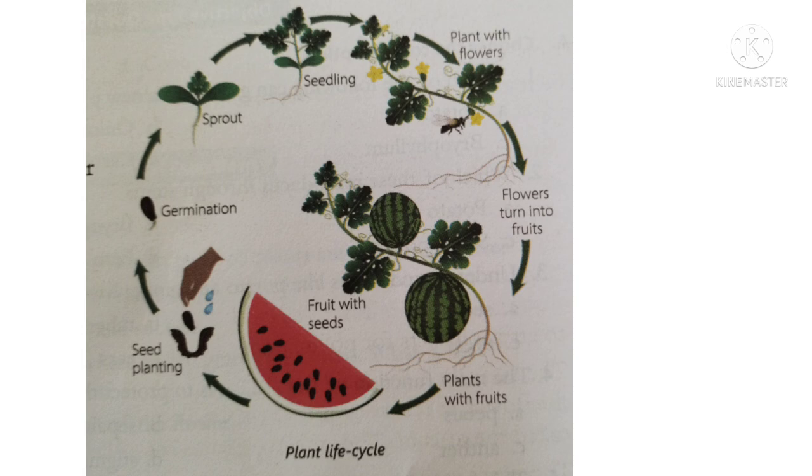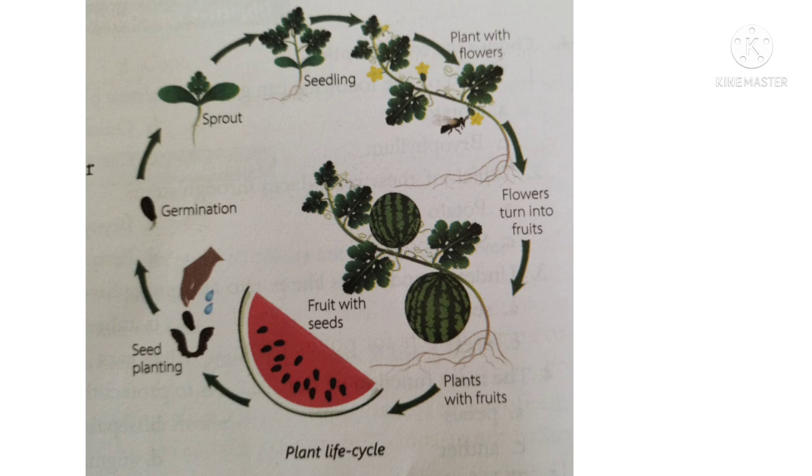So fruit contains seeds. Now we can use these seeds for further process. First we plant the seeds and we can see germination, sprout, seedling, and flowers.